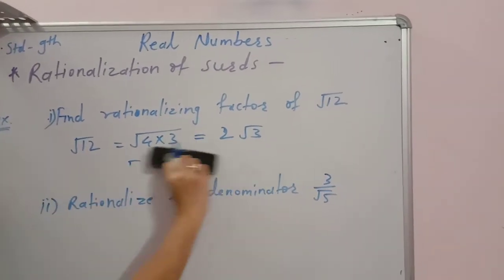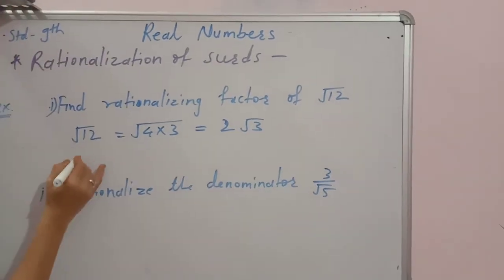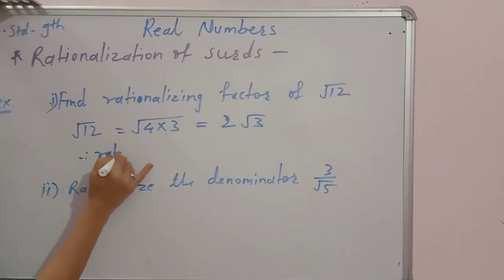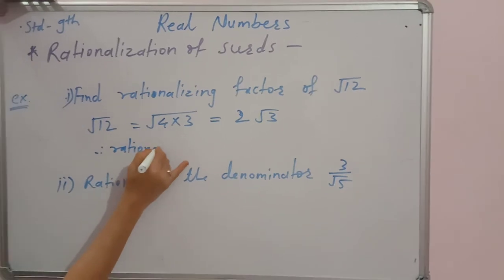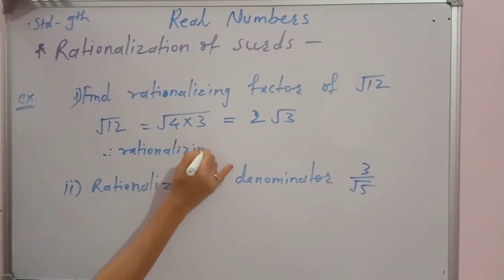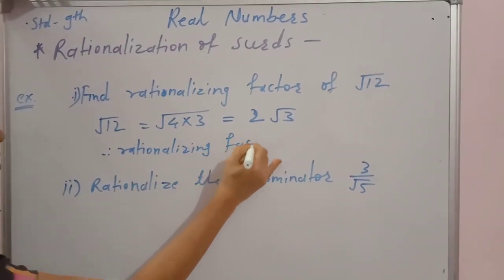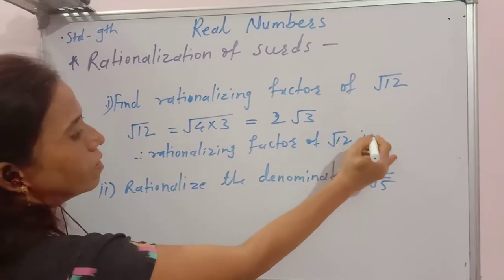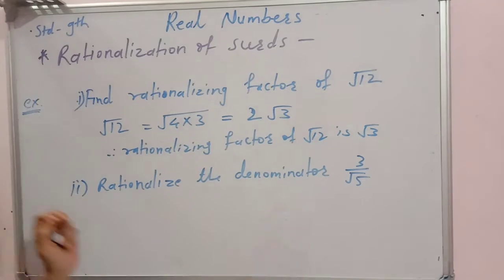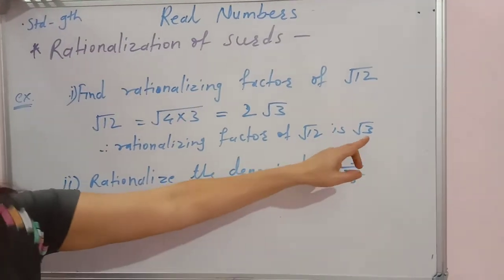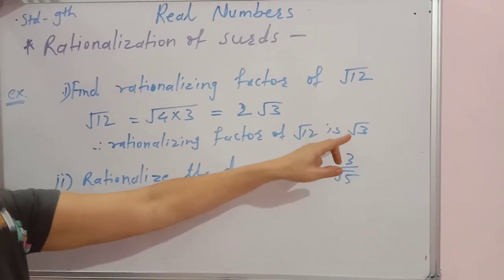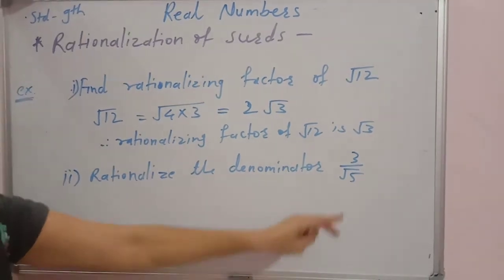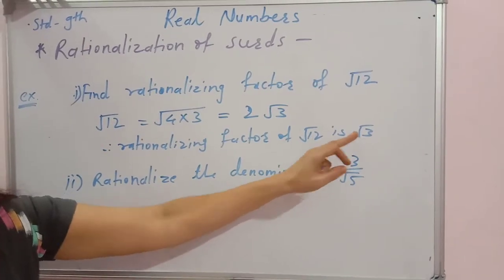Therefore the rationalizing factor of root 12 is root 3. And just now I told you that the rationalizing factor is not unique. You can write 2 root 3, 3 root 3 like this. The simplest I have written here.